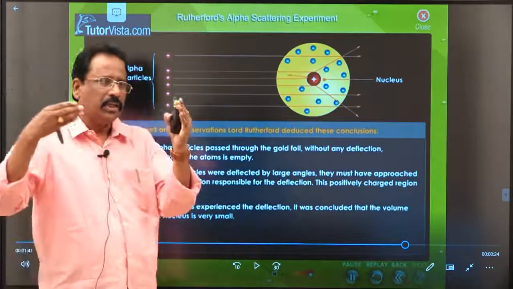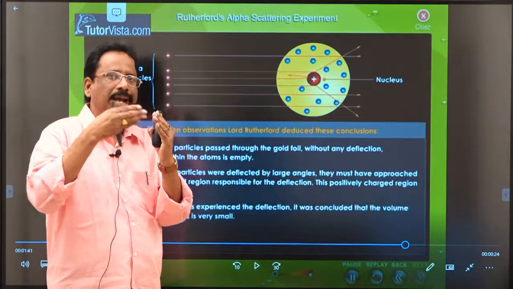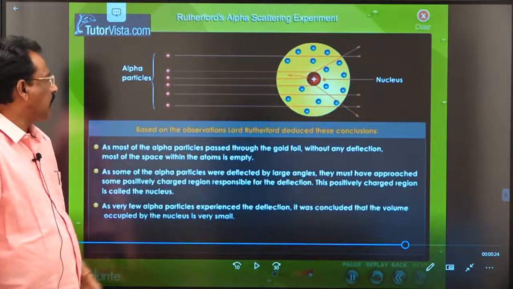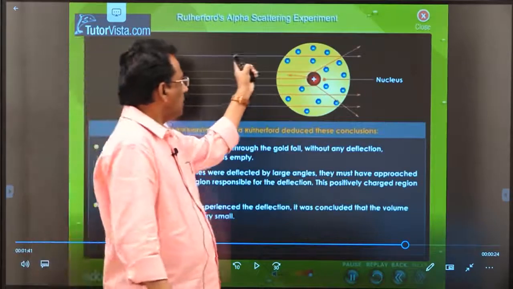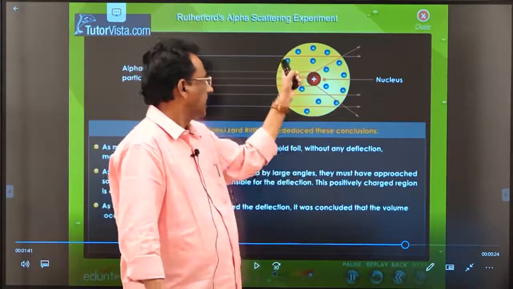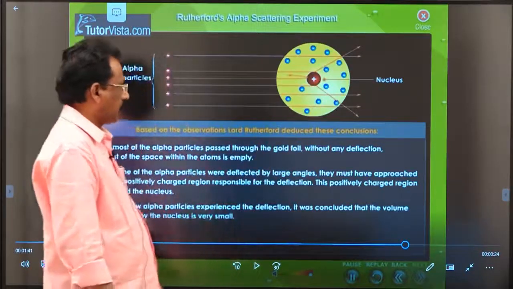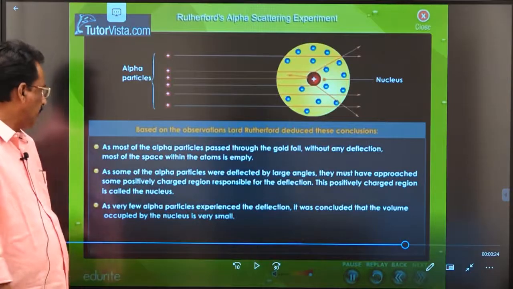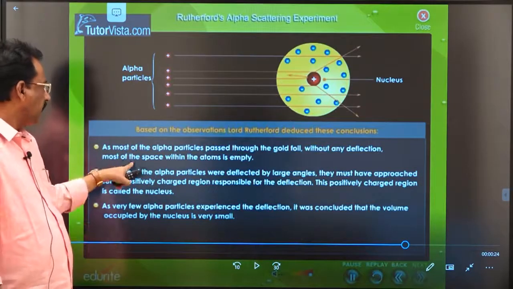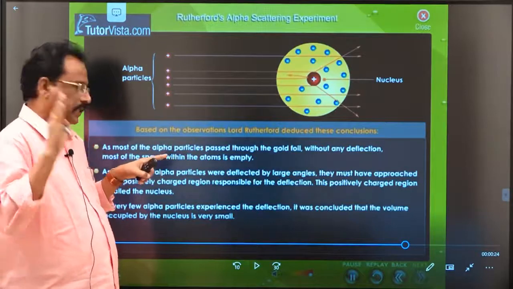When a thin beam of alpha particles is made to fall upon a gold atom, most of them pass through the gold foil. This diagram indicates that. Without any scattering, most of the alpha particles pass directly through the gold atom, indicating the atom is extremely hollow with a lot of empty space.